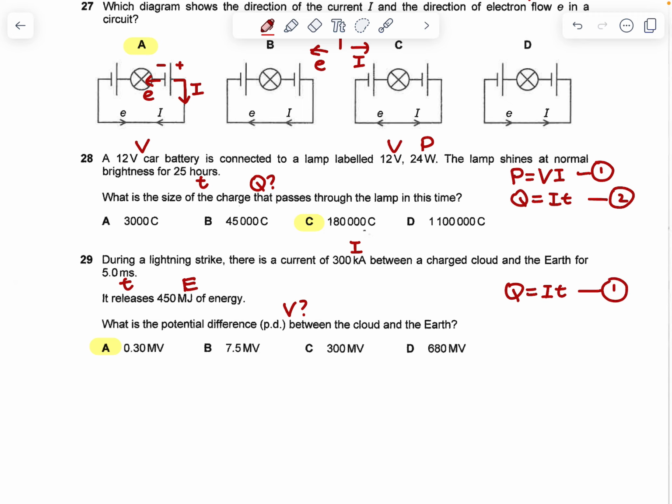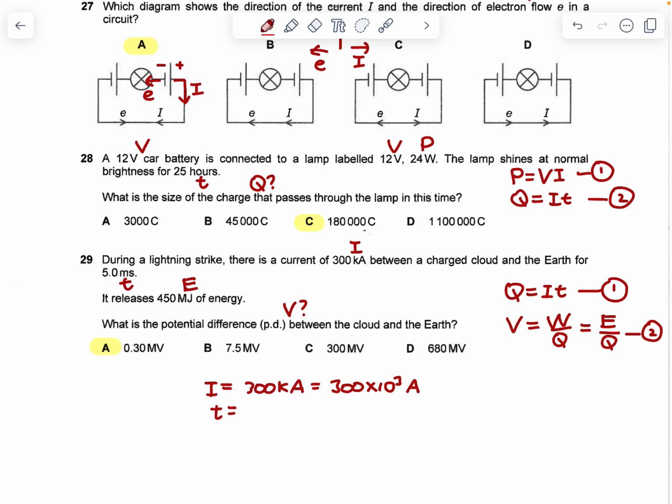And from there, we use the next formula, V, potential difference, equals work done over charge. But here, the work done is the energy E, over charge Q. Second equation. But before you substitute the values, please make sure that I equals 300 kiloamperes, converted to 300 times 10 to the power of 3 amperes.